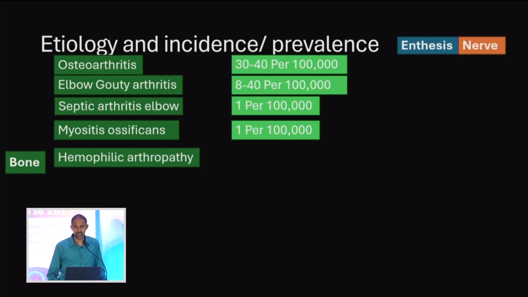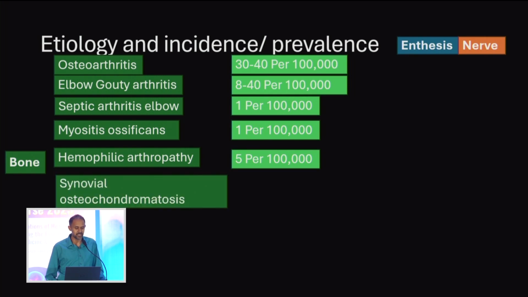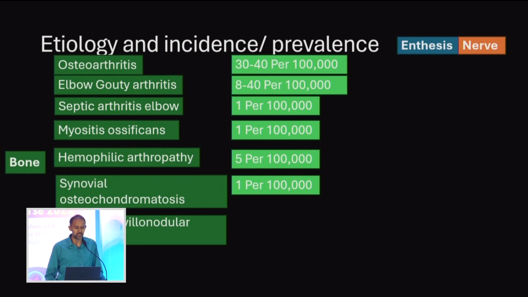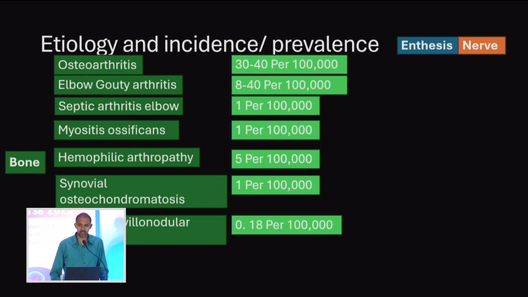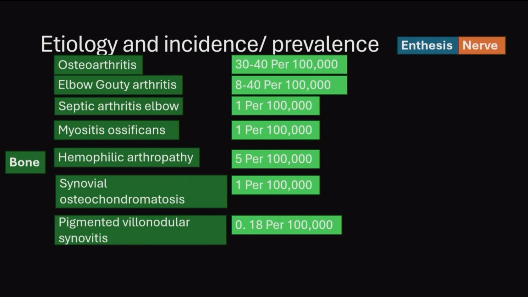Right? Hemophilic arthropathy, if you do hemophilia work, you're going to see a lot of it, but otherwise 5 per 100,000. Synovial osteochondromatosis, 1 per 100,000. Pigmented villonodular synovitis, 0.18. This is how common these conditions are, and they're not really that common. That's the point with all these numbers.